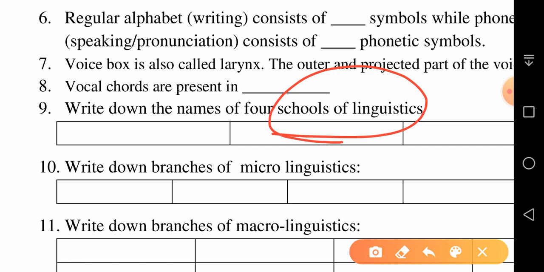Then we further go into the sociolinguistic school. In between we also have the pure linguistic school known as generativism, and then we move into modern schools.